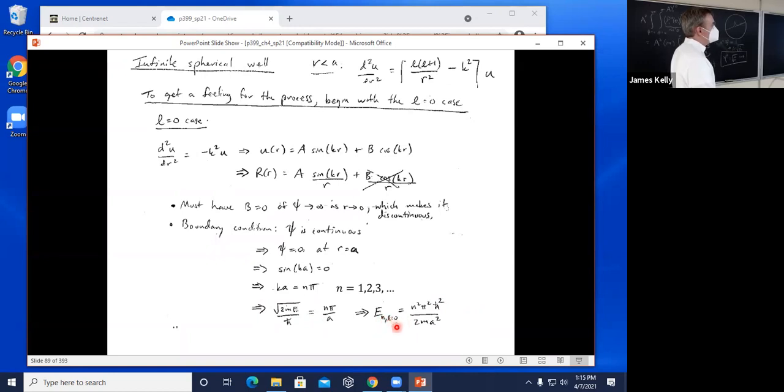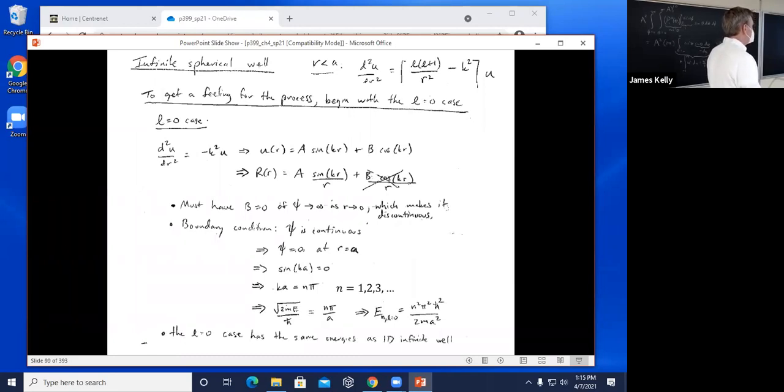Remember, this is all for the case just l equals 0. We haven't done the other l cases. And amazingly, it gives the same energies as the infinite square well in one dimension. There's nothing profound going on there. We won't find those same energies when l is not equal to 0. But in this case, when l equals 0, you get the exact same collection of energies and allowed n values, okay?